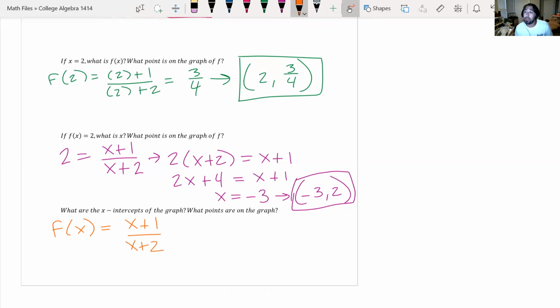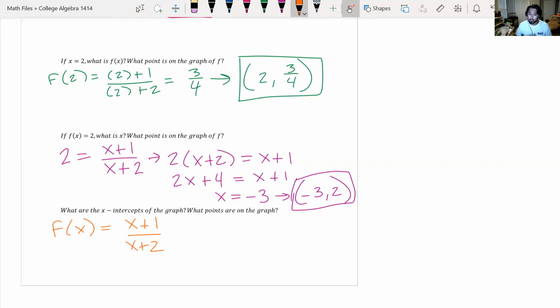Some fun things to know about a rational function is that domain comes from the denominator. So whenever you solve for the domain, it always comes from the denominator. If you ever want x-intercepts, well, they always come from the numerator, no matter what.